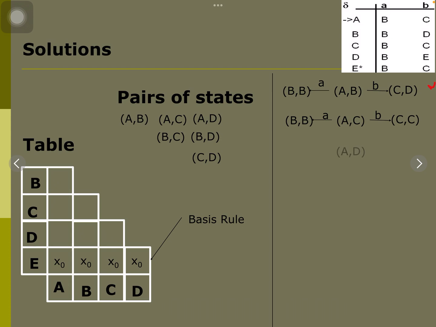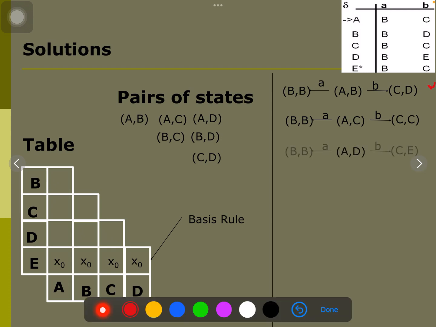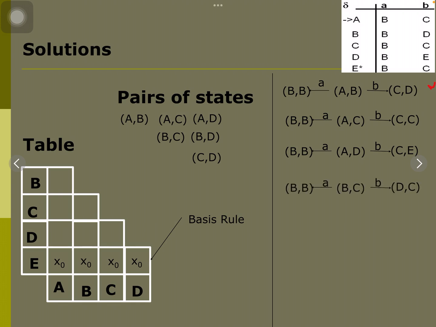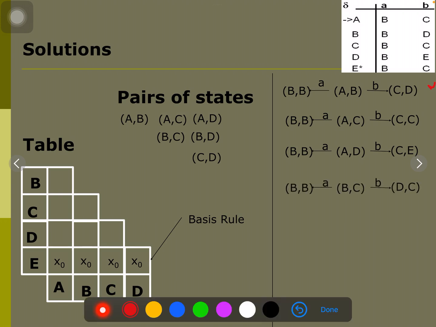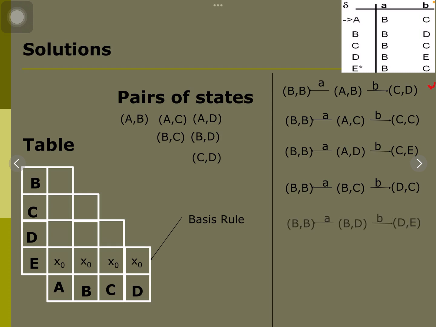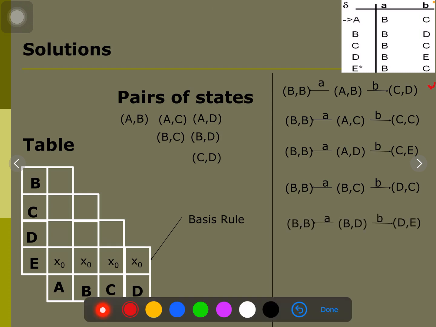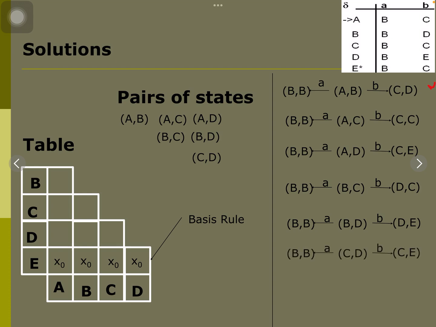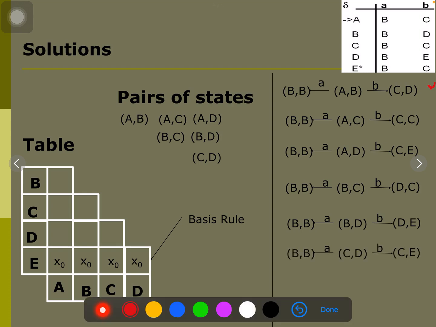The other pair is AD: AD on A gives BB, AD on B gives CE. The other pair is BC: on A it is BB, BC on B is DC. Then BD on A is BB, BD on B is DE. CD on A is BB, CD on B is CE. So we have completed all the transitions. Then you have to take the call now.